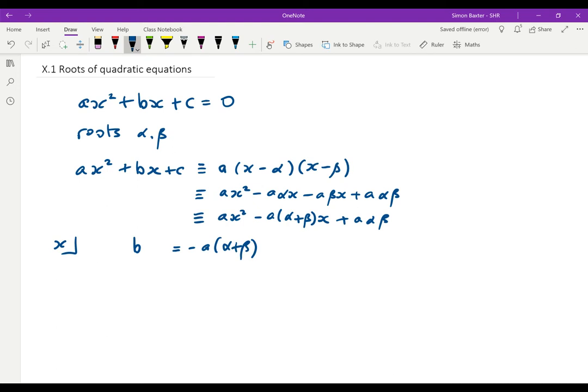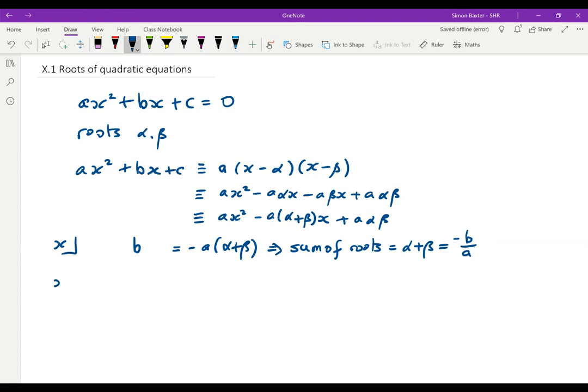And so if we take the two roots, alpha plus beta, that is the sum of the roots, which is alpha plus beta, that is equal to minus b over a. And that's the first result that we pick out from this.